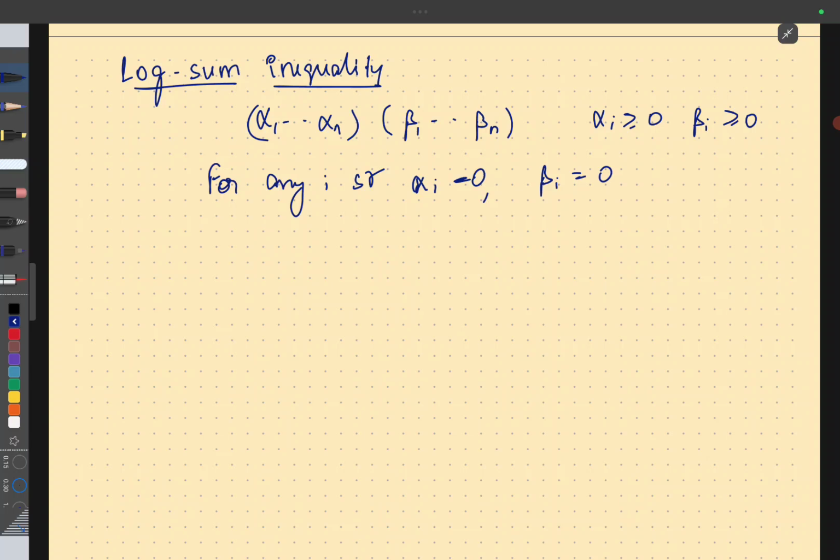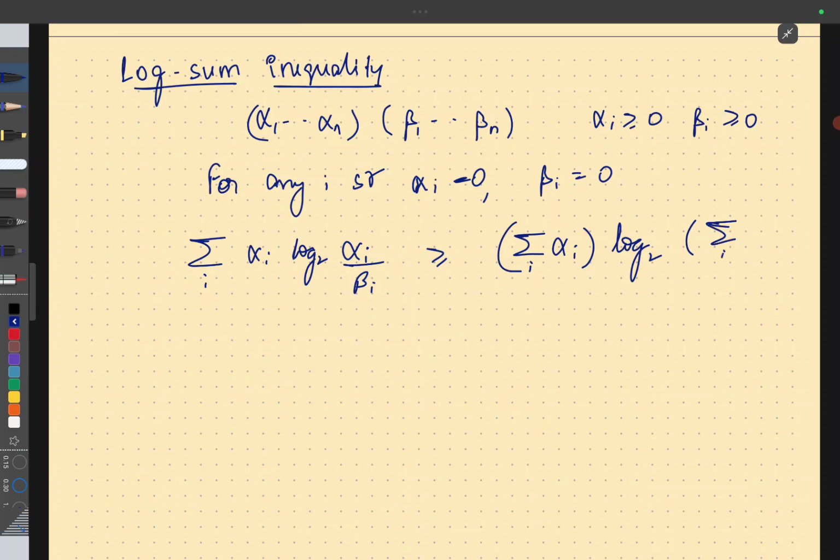Note that alpha and beta need not form probability mass functions. They just have to be non-negative. Then summation over all i, alpha i log alpha i by beta i, is greater than or equal to summation over all i alpha i times log of sum over all i alpha i divided by sum over all i of beta i.